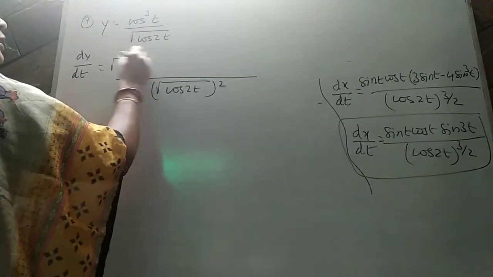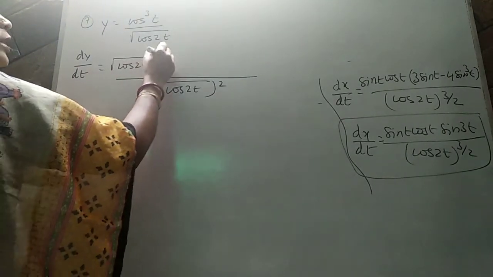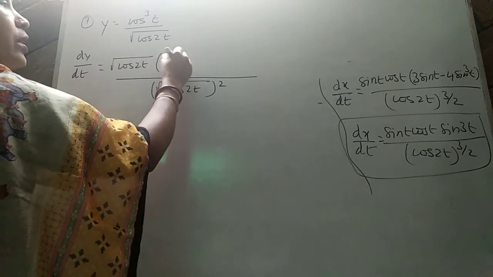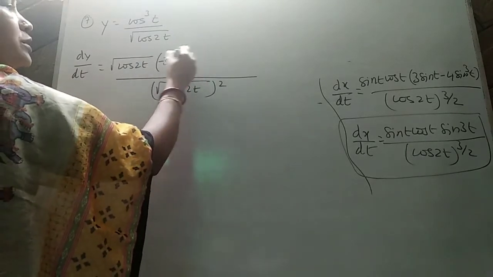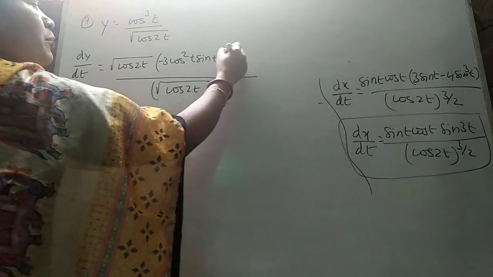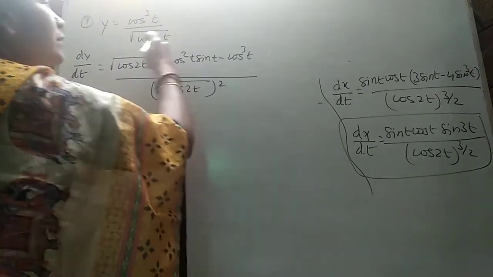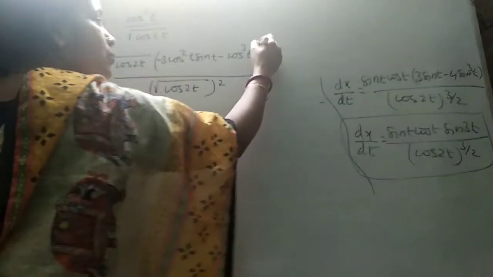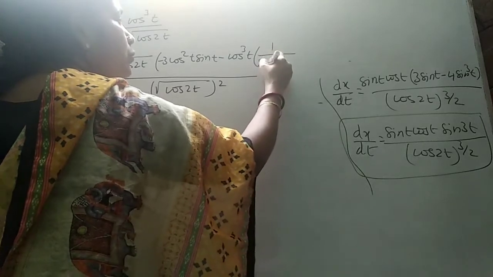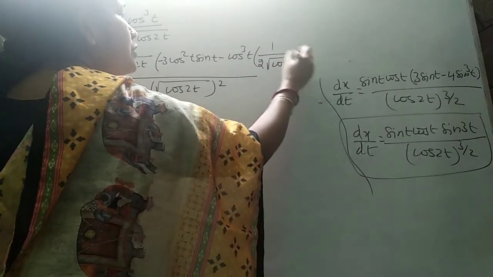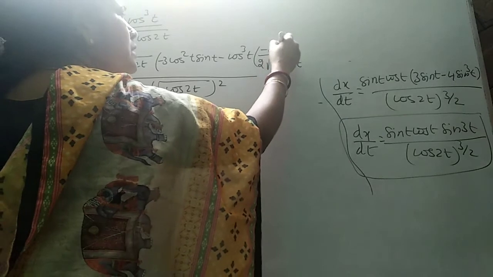If I keep the denominator constant, cos 2t, the numerator is 3 cos square t into differentiation of cos t, minus sin t, and then minus cos cube t into differentiation of under root of cos 2t, which I just showed: under root of cos 2t into differentiation of cos 2t, minus 2 sin 2t.